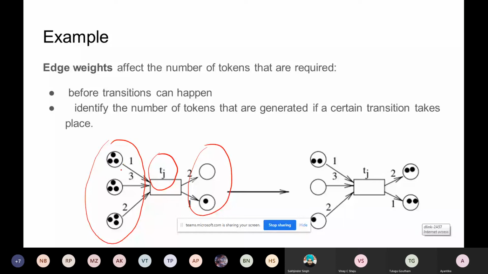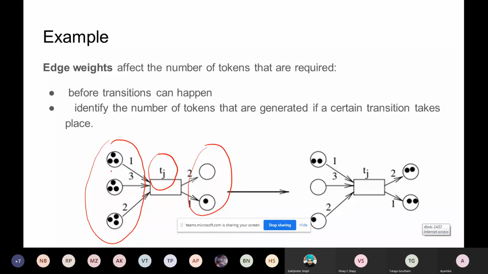That means it is not necessary that each place will hold only one token. So there are multiple tokens possible in each place, and the maximum number of tokens possible in each place defines the capacity of this place.